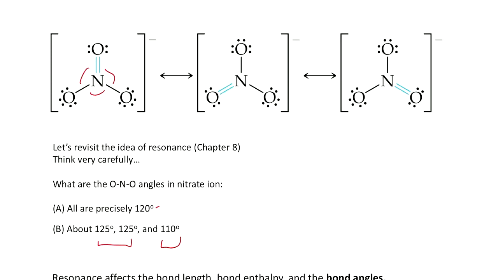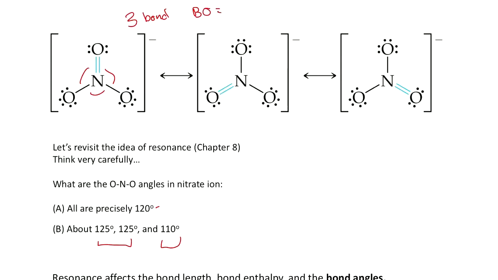They are all the same angle. Yes. So I know, but we were just talking about deviations from bond angles and double bonds. They're big, fat, and juicy. But remember, does that double bond live here? No, that double bond is smeared around the whole molecule. So this molecule does not have 1 double bond and 2 single bonds. It actually has 3 bonds that are all what bond order?